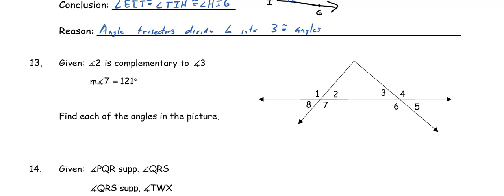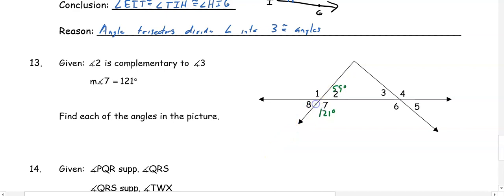Number 13, angle 2 is complementary to angle 3. Angle 7 has a measure of 121 degrees. So we are going to use our straight lines to find the missing angles. So we know that in this straight line, 180 minus 121 will get us angle 2, which is going to be 59 degrees.